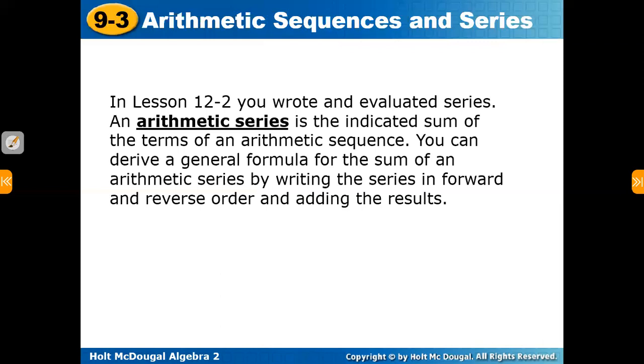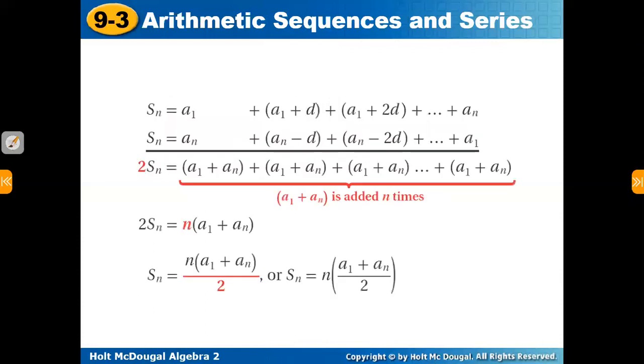That means if I add a1 plus a2 plus a3 plus a4 until a given term an, I get the sum of the arithmetic sequence, which is known as the arithmetic series. We can derive the formula for the sum of an arithmetic series, Sn, that is the sum of n terms, in the following way.